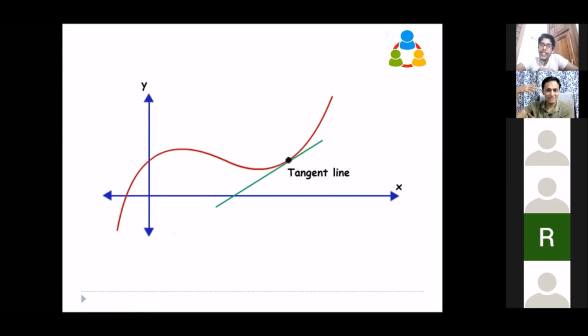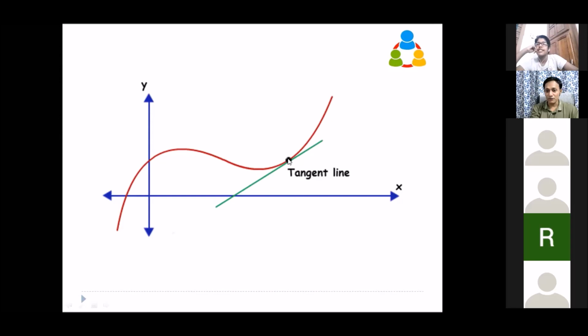In English, when we say that person went off on a tangent, it means we were discussing something and he went in a different direction. Very differently. This is tangent.